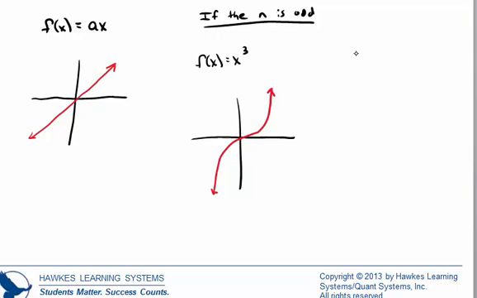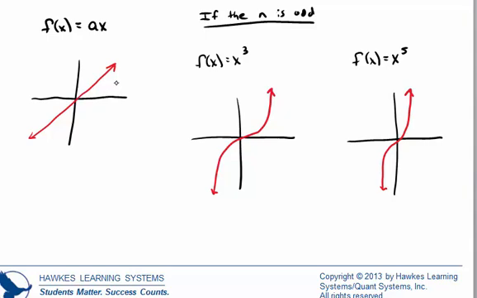If we are graphing to the fifth power, then the graph has the same shape, but it becomes more narrow. If we were graphing to the seventh power or a higher odd exponent, we would have a graph that had the same shape as this, but would be more and more narrow as we continued.